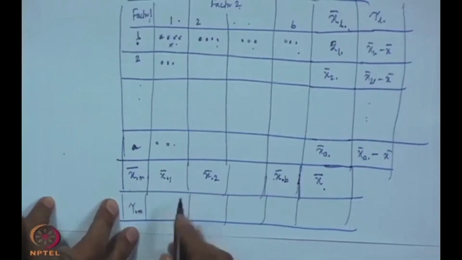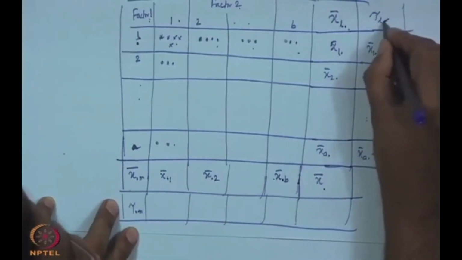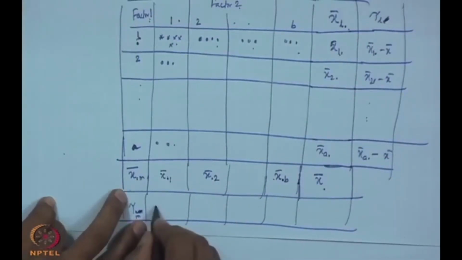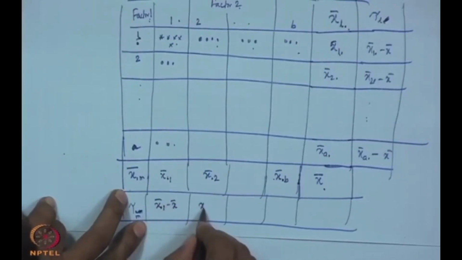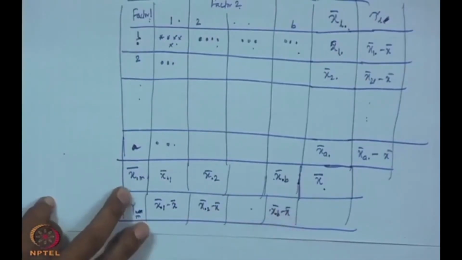I think we will not use this one dot, we will use tau L, and similarly here we will use tau M. Then this one will be your x dot 1 bar minus x bar, x dot 2 bar minus x bar, like this, x dot b bar minus x bar.